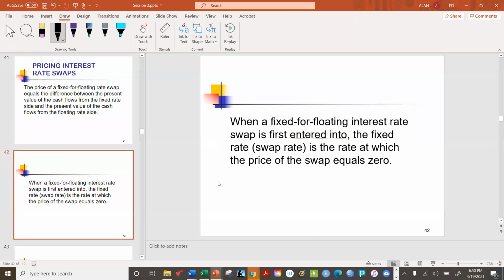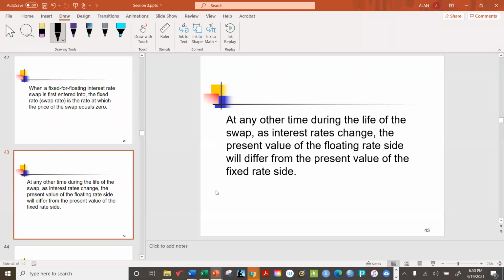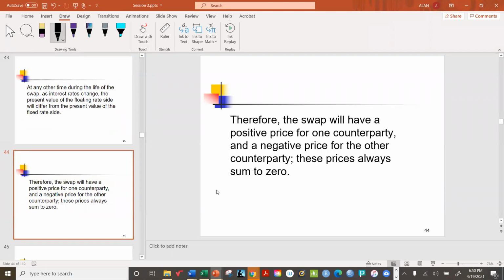So again, when we first enter into the swap, the price will be 0. The rest of the time, the price probably will be different from 0. It will have a positive price for one counterparty, a negative price for the other counterparty, but these two must add up to 0.